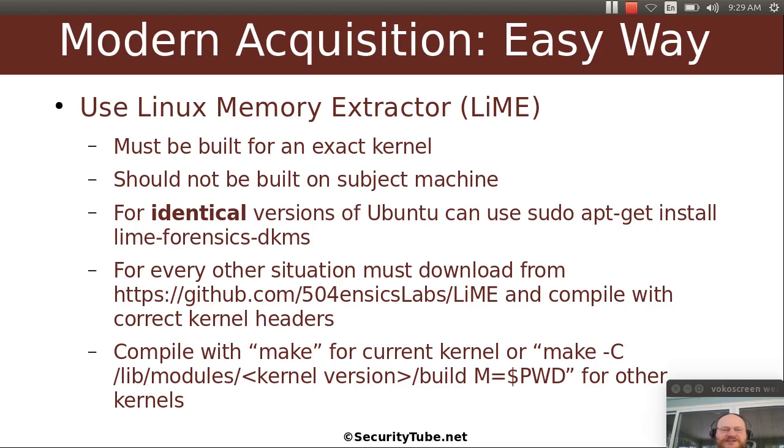Here's the current link. You go ahead and compile it. We'll show you a little bit later how you can do this. The only thing you need to know is if you're not compiling for the same operating system as what you're currently running, you just have to tell it where to get the right kernel headers.